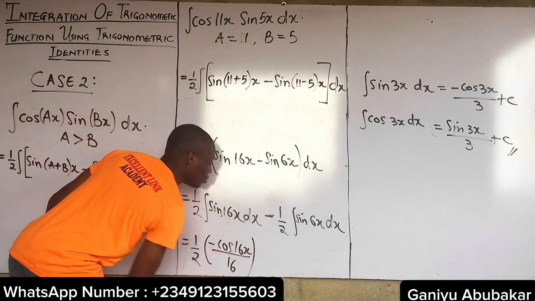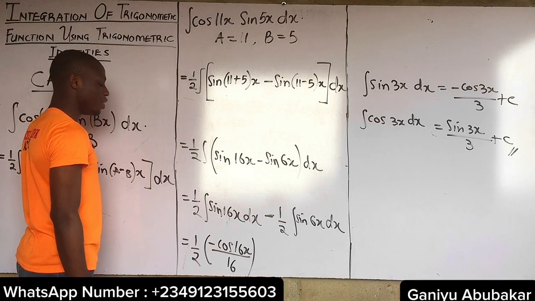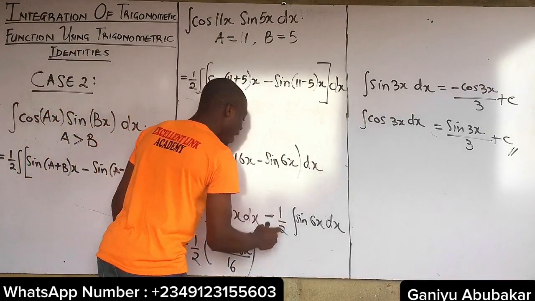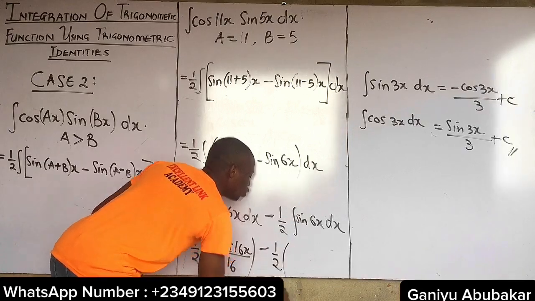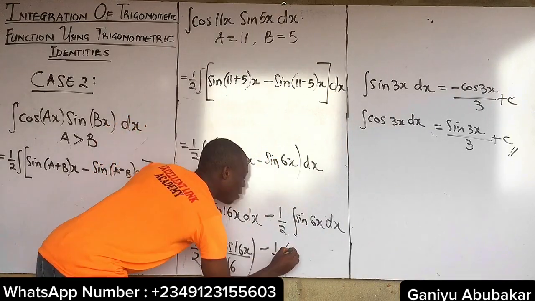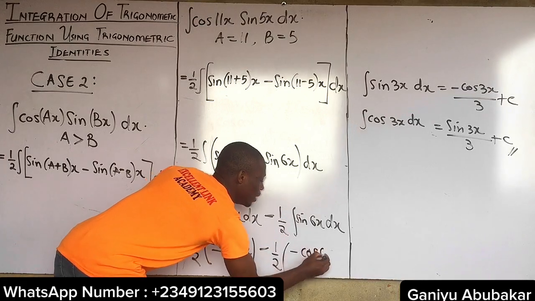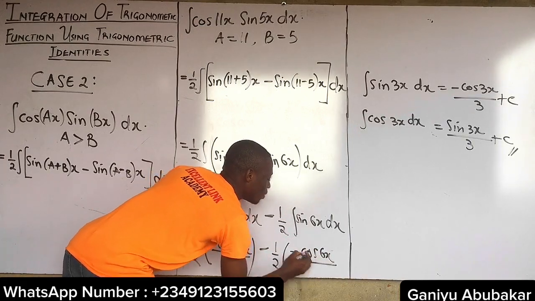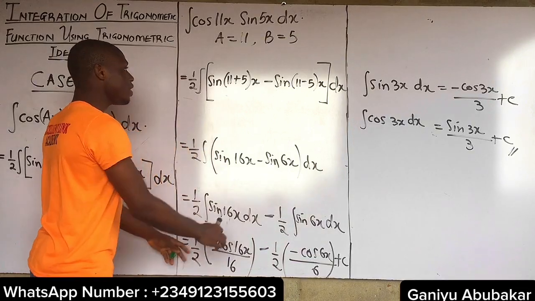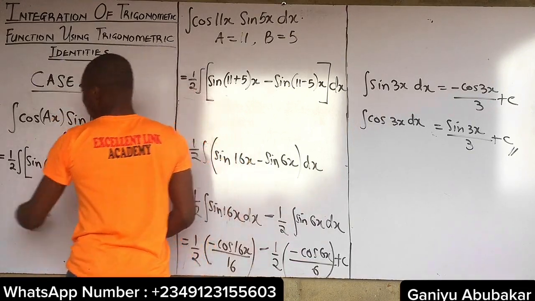I'm done with this one. Minus, I have a minus sign here. This is half again, 1/2 into integrate sine 6x. All I get there is minus cos 6x, all over 6. Next up, plus c. Let's get the final answer, please.